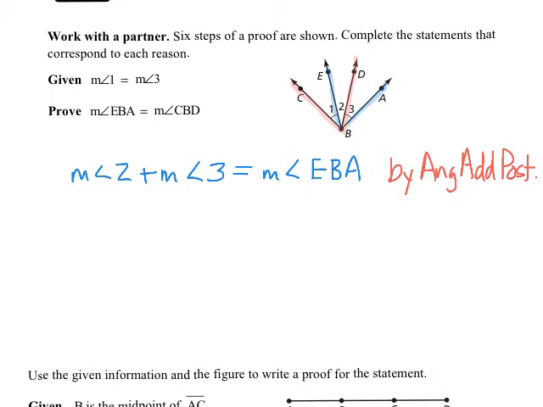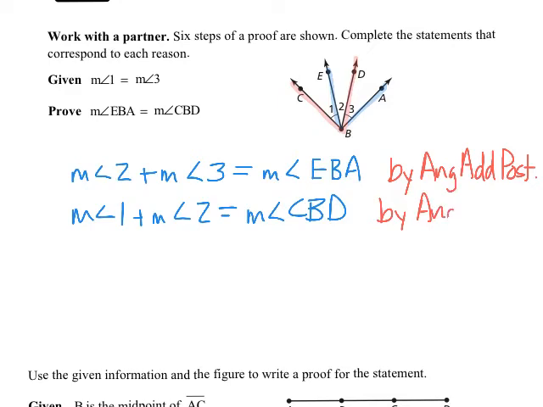So CBD we know is 1 plus 2, again, by the angle addition postulate. So we would say the measure of angle 1 plus the measure of angle 2 is equal to the measure of angle CBD. Again, by the angle addition postulate.